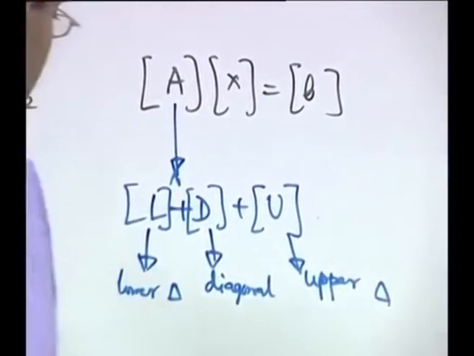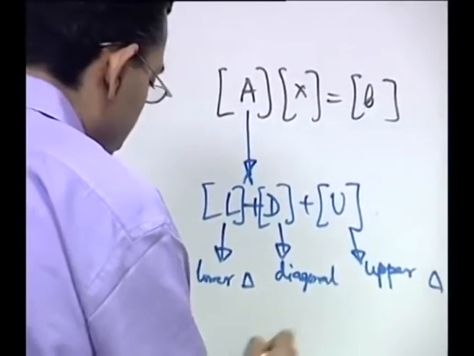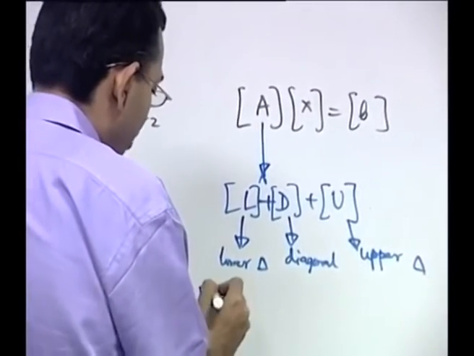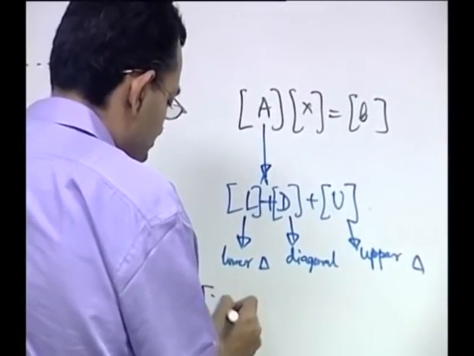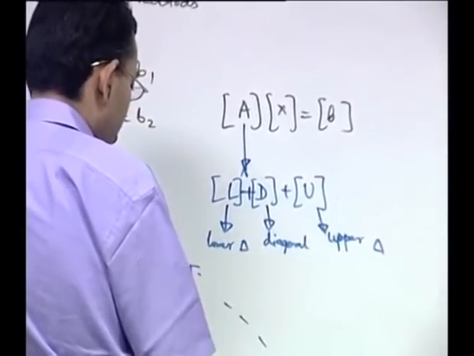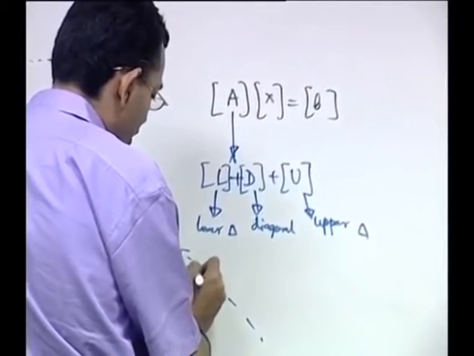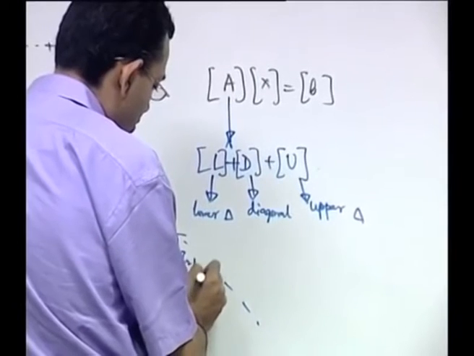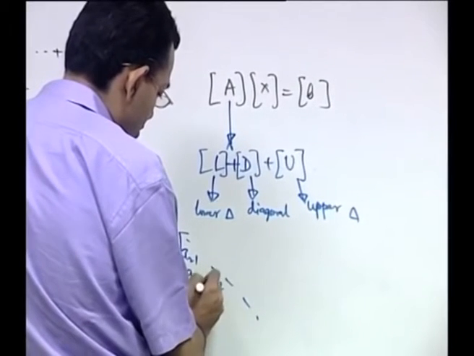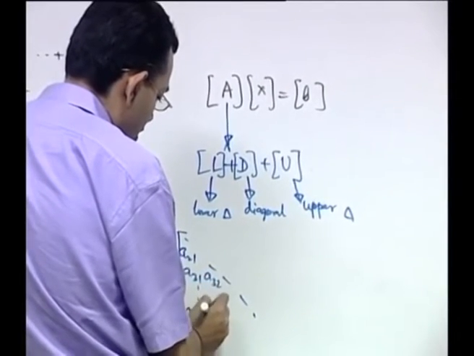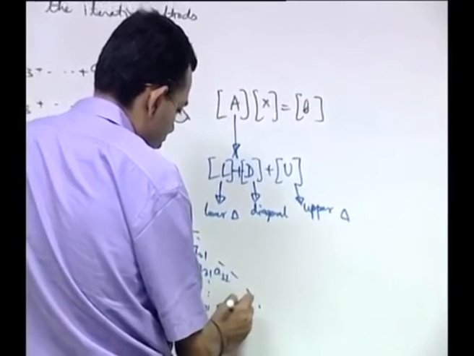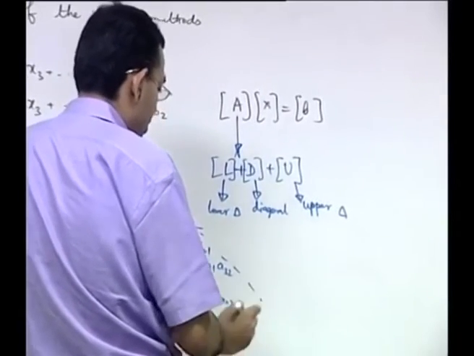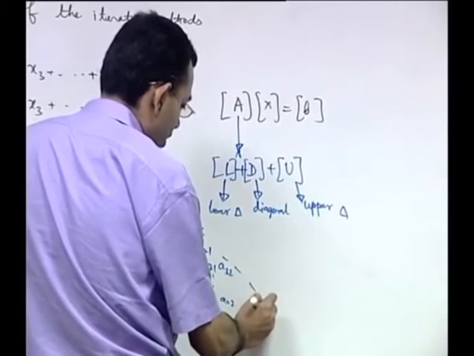So, what are the contents of L? L will have only the lower diagonal terms. So, A21, then A31, A32, then AN1, AN2 in this way, AN n minus 1.